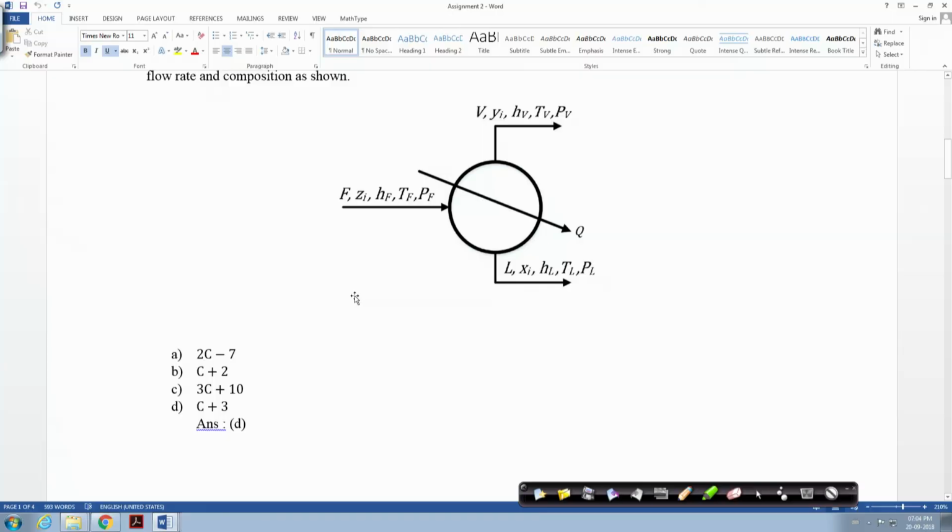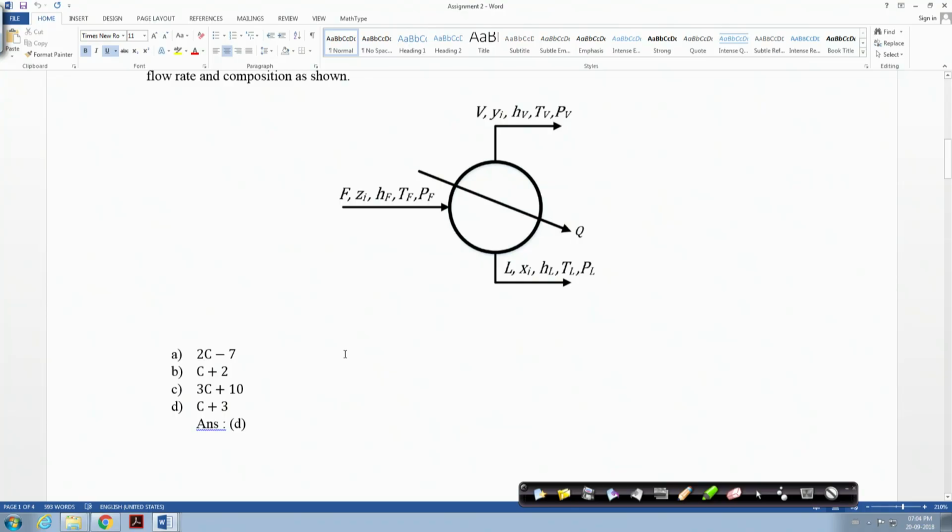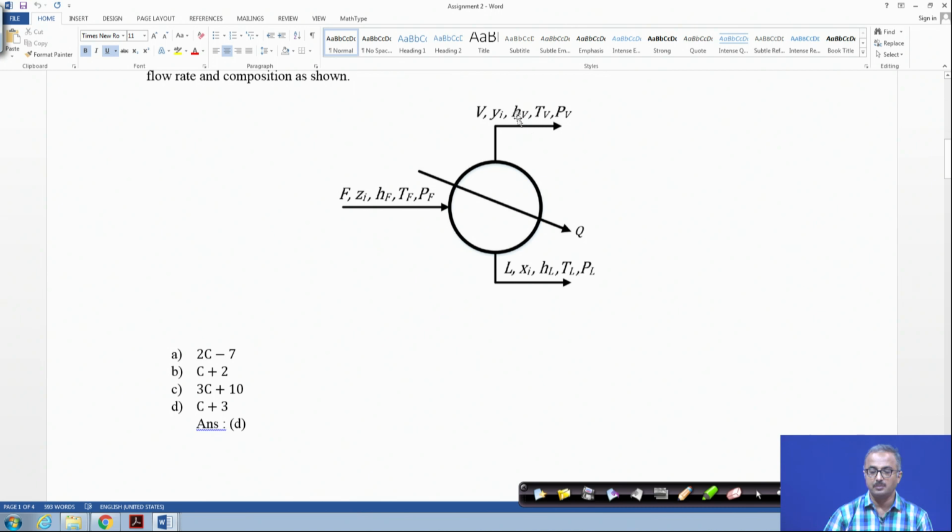Then this particular problem is about degrees of freedom, which is a very important concept. As you know, degrees of freedom is the minimum number of intensive variables that have to be specified to describe a system completely. In this kind of problem, you have to first appropriately count the number of variables.